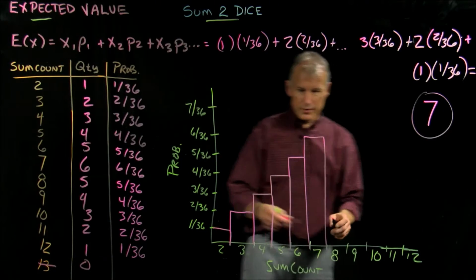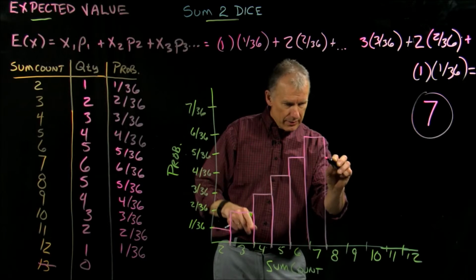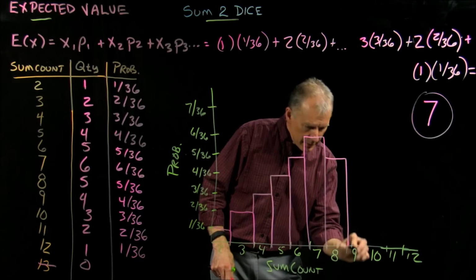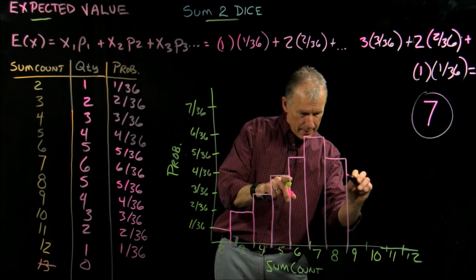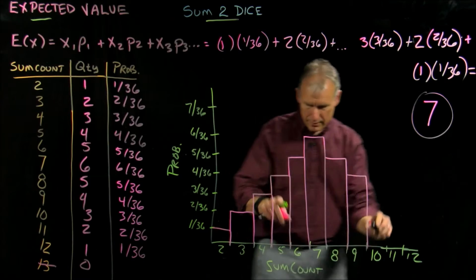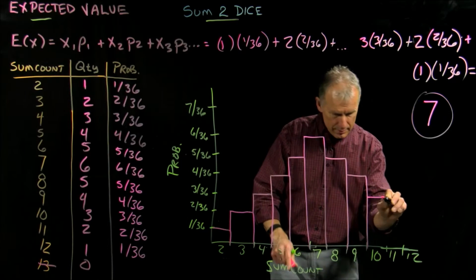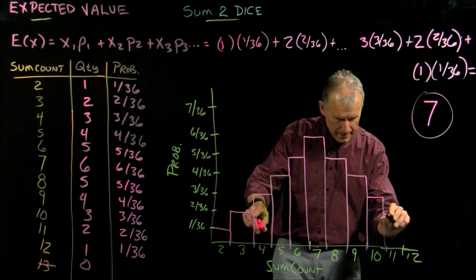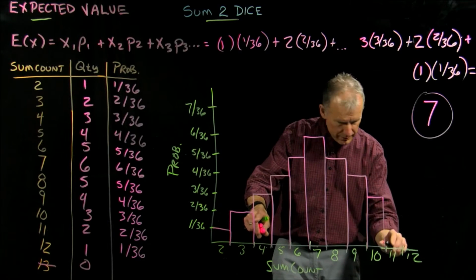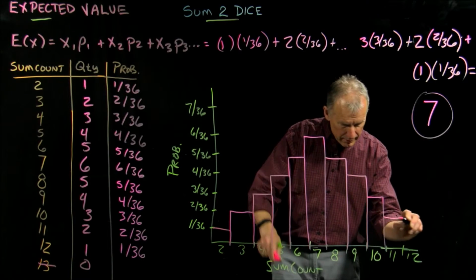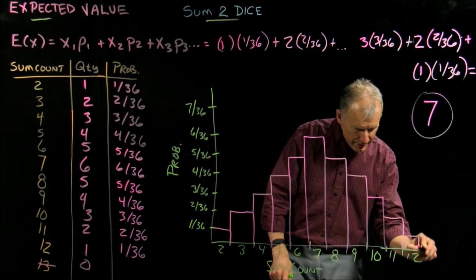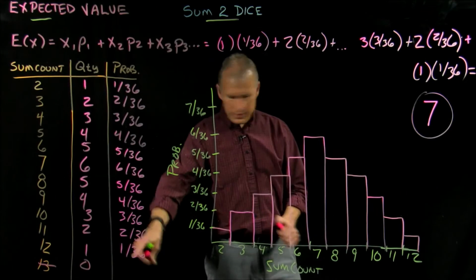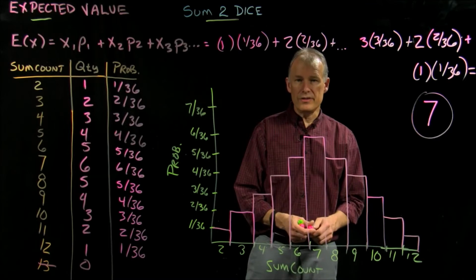It's our expected value. And then I start counting back down now. And last, the probability of getting a 12 is 1 out of 36.